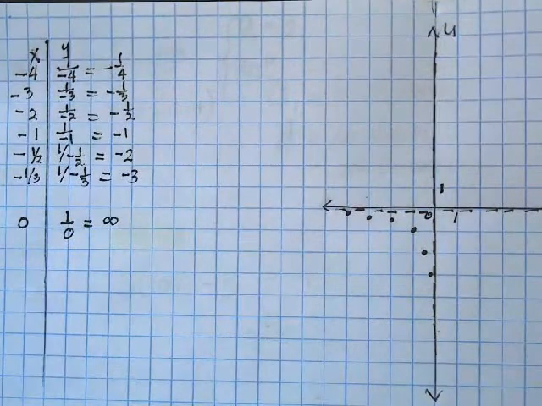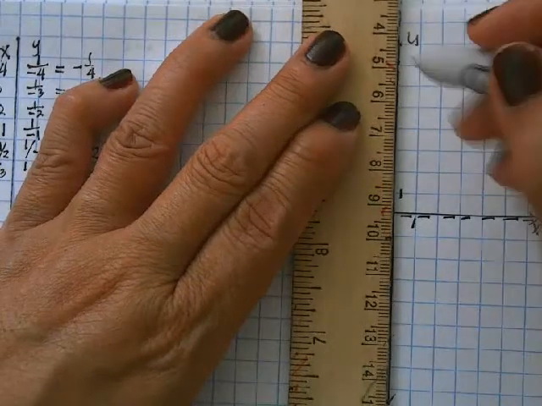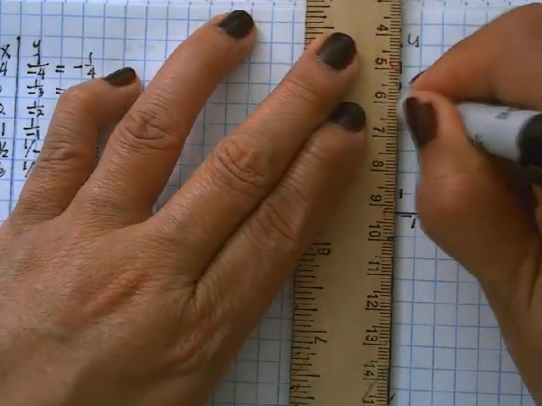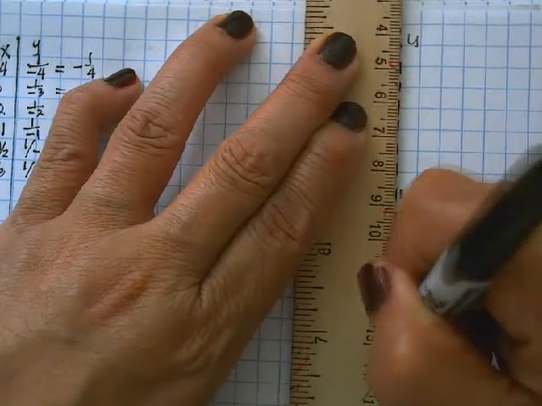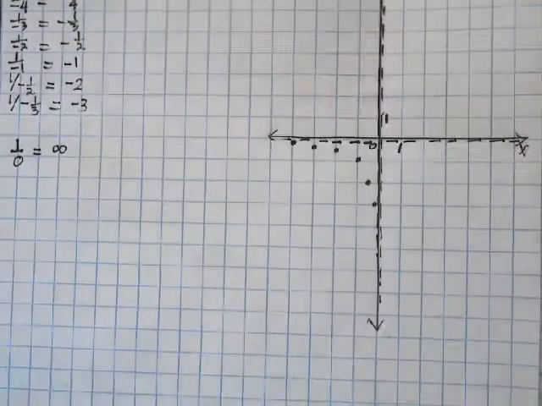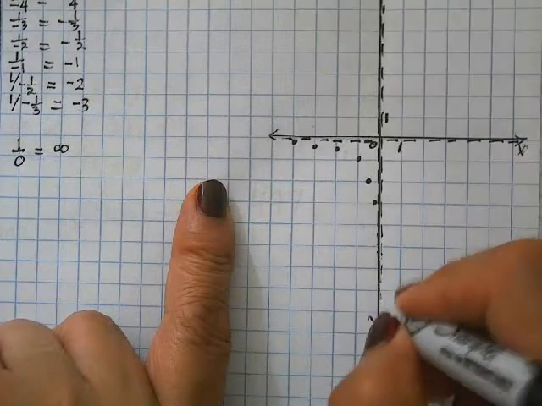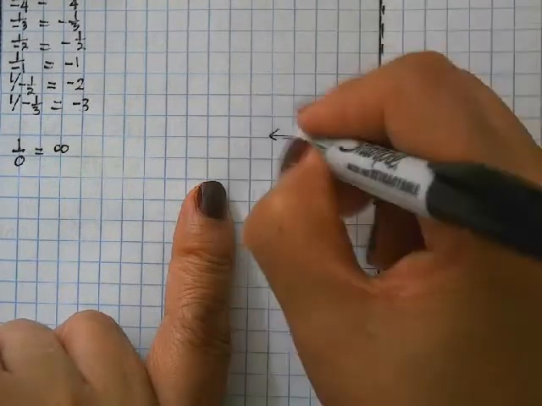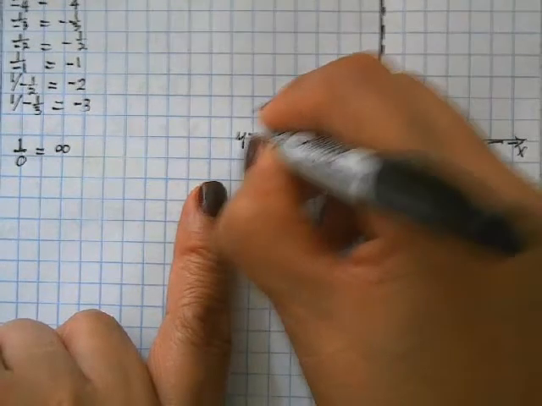So the graph of rational functions has a vertical asymptote at x equals 0 and a horizontal asymptote on the x-axis, or y equals 0.